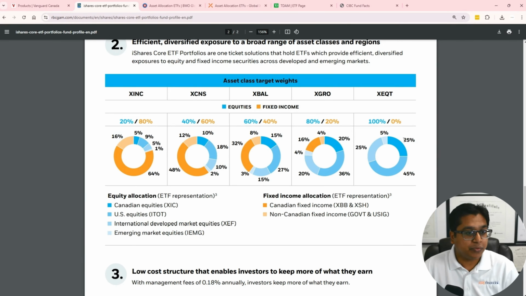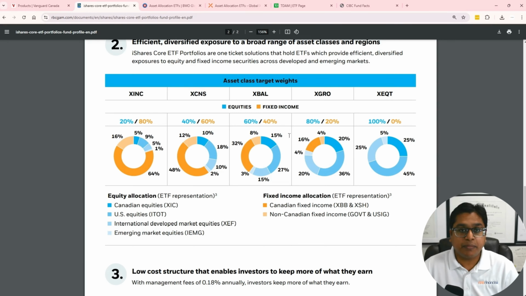I believe 25% is going to the Canadian equities XIC, 45% goes to ITOT, which is the US equities, and then 25% goes to XEF, and 5% goes to IEMG, that ETF. As you go to the left side, they probably invest in more funds, and you can see the breakdown here.